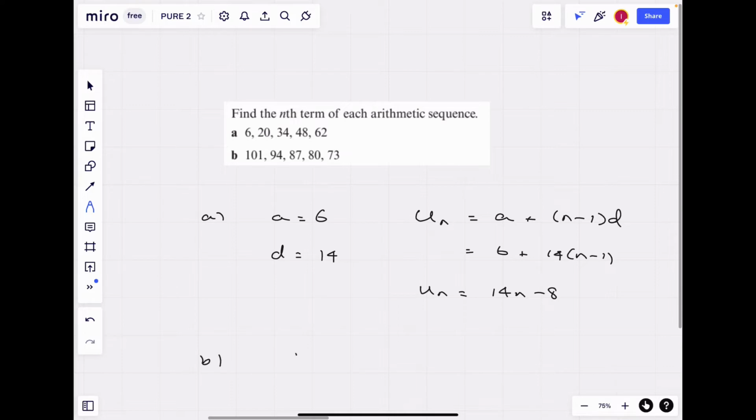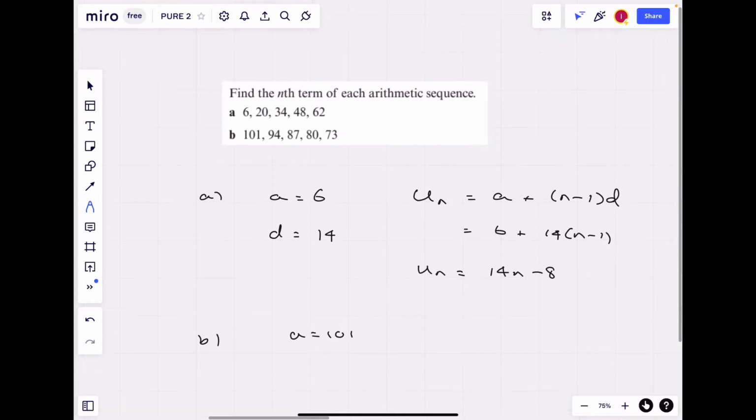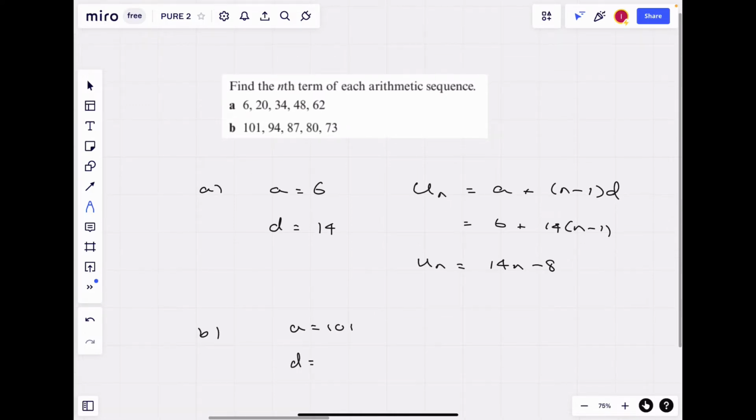For b, your first term is 101. Your common difference is minus 7. So it's 101 minus 7 times (n minus 1), which gives you 108 minus 7n. That would be your nth term for that one. And that's it.